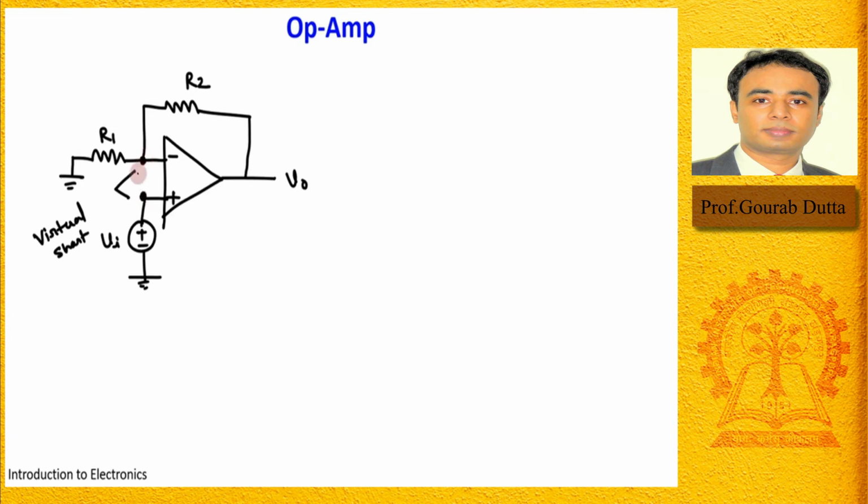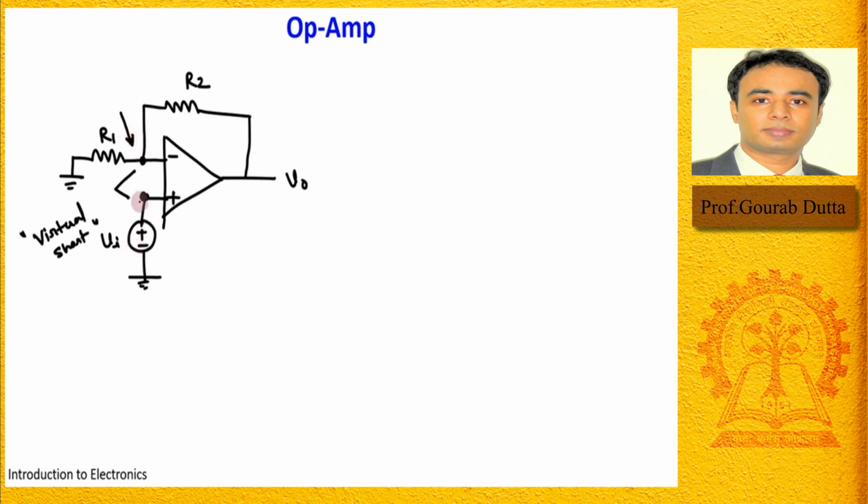So they are actually short but virtually, right? It is similar to the virtual ground concept that we have discussed earlier. Due to this virtual short, the two potentials will be the same, and that makes our analysis quite easy actually.